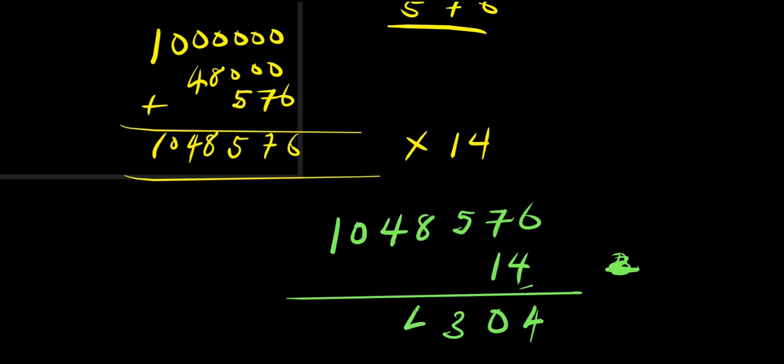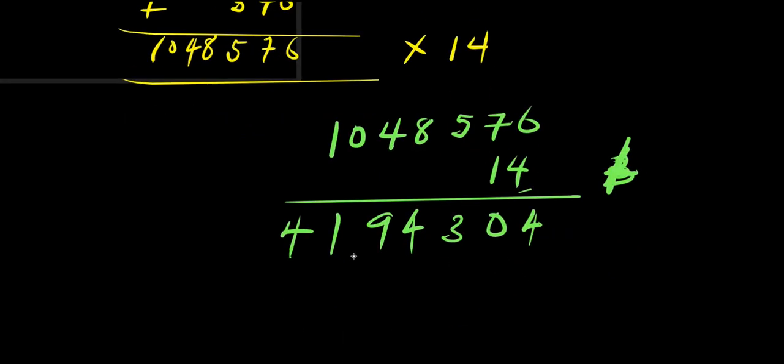So we have 4 and carry 3. 4 times 4 is 16. 16 plus 3, that is 19. So we have 9 and carry over 1. 4 times 0 is 0. 0 plus 1, we have 1. 4 times 1 is 4.